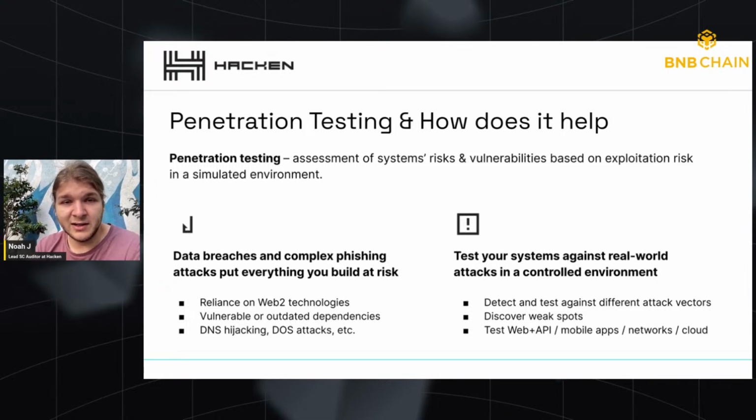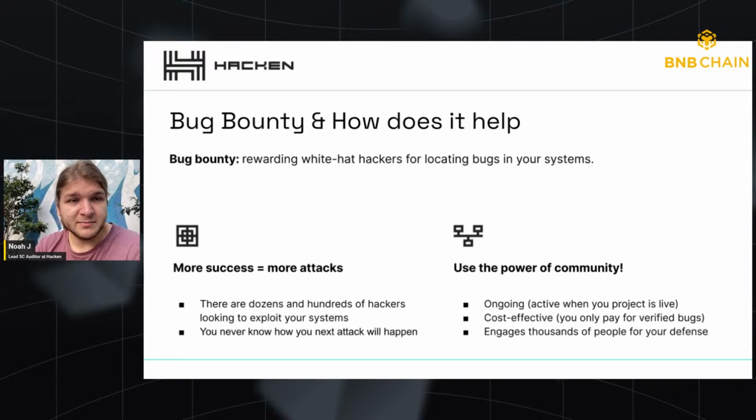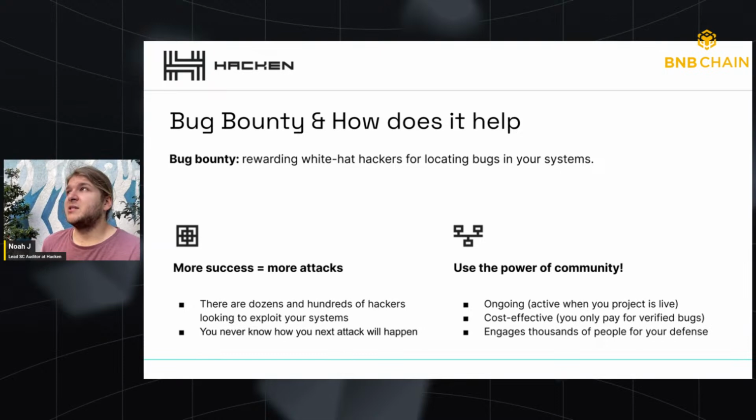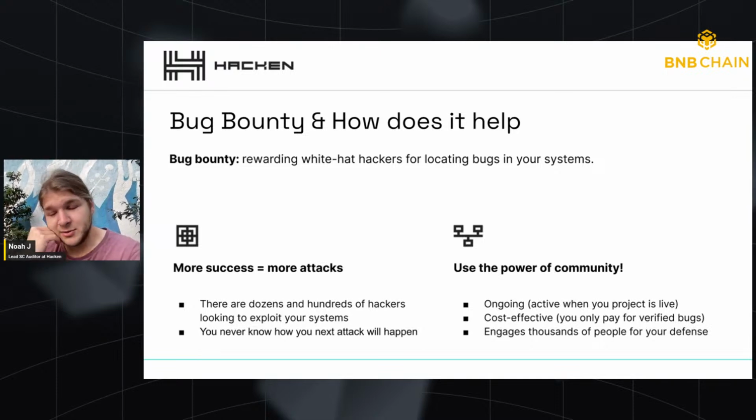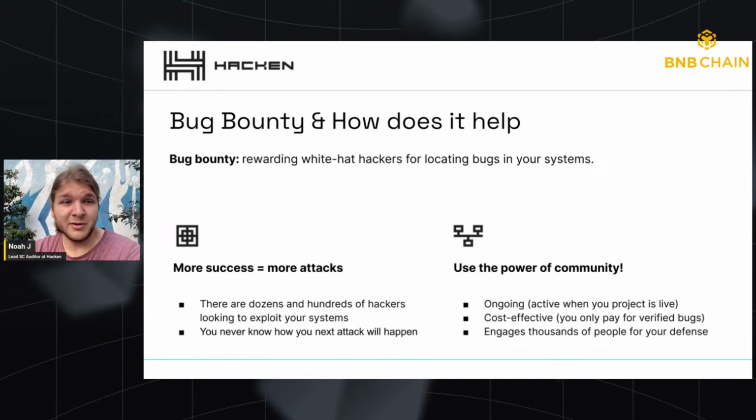And finally, bug bounties. Bug bounties are like a really solid wall, because you're rewarding white hat hackers. And between us, the difference between a white hat hacker and a black hat hacker is whether they think they can get away with it. So you're going to pay the same guys that would normally hack you to just tell you about it.